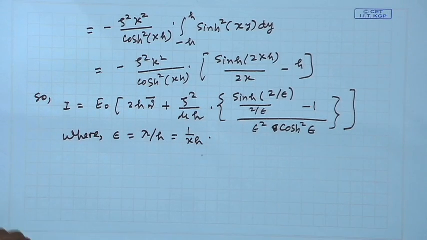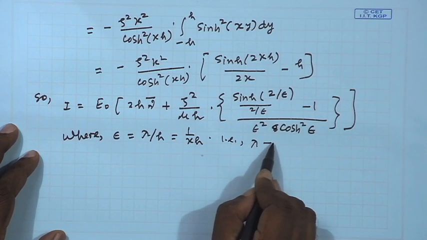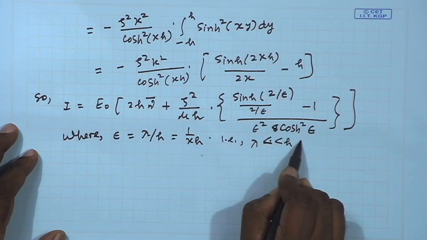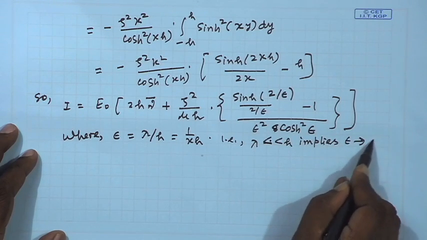So if I have lambda to be very thin, epsilon tends to 0. That is, lambda many times less than h implies epsilon tends to 0.